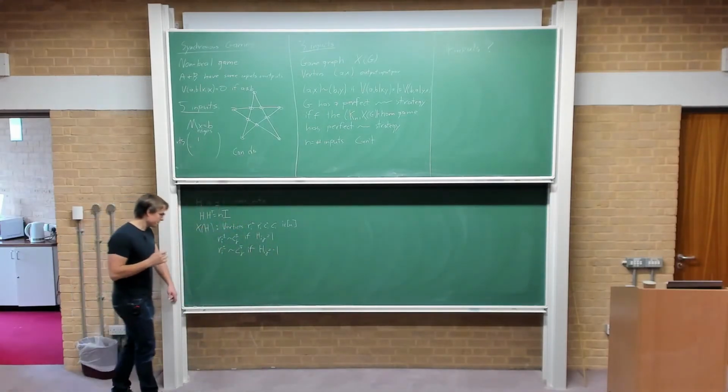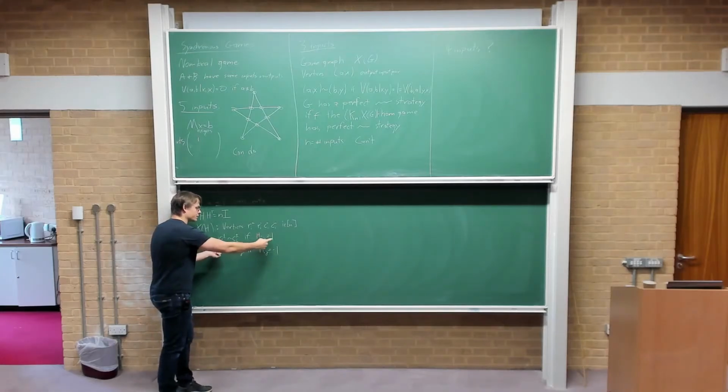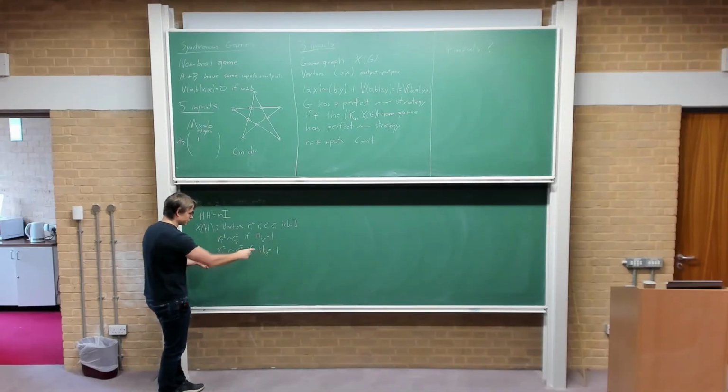What this means, in case it's not clear, is that if the ij entry is 1, then I put an edge between r_i plus and c_j plus, and between r_i minus and c_j minus. Otherwise, if it's a minus 1, I swap them.